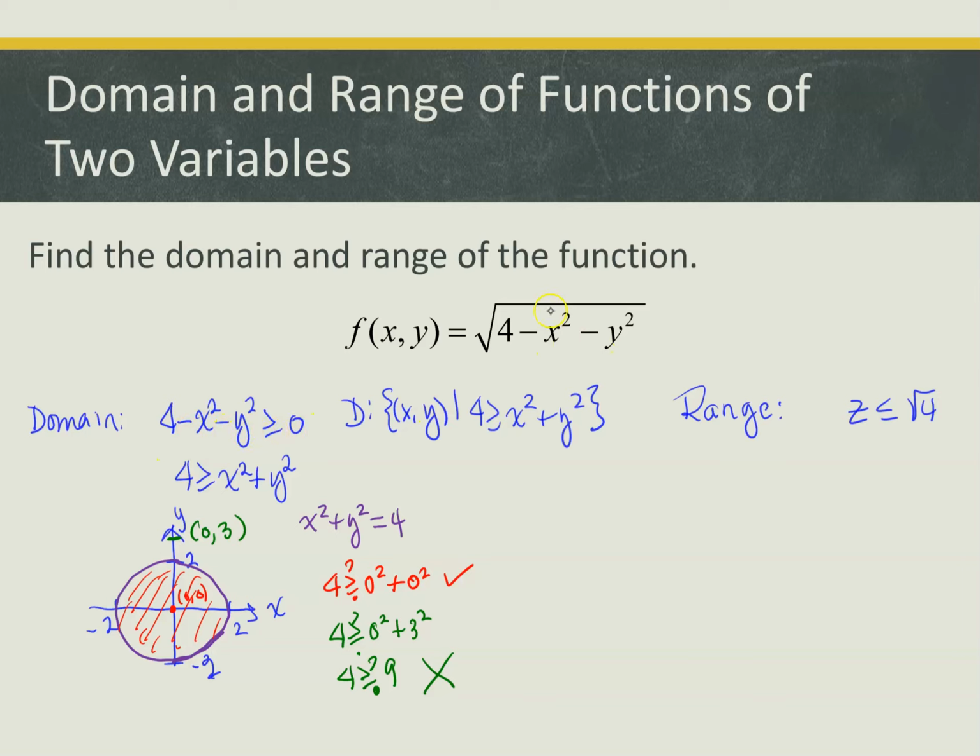So the smallest value this expression could take on is 0. So z must be greater than or equal to the square root of 0. Well, the square root of 0 is 0. Less than or equal to, and the square root of 4 is 2.